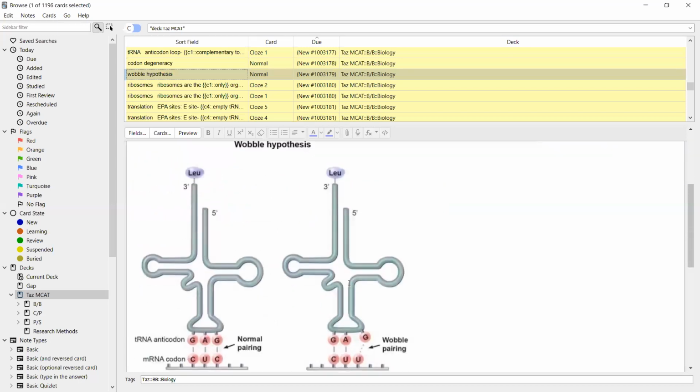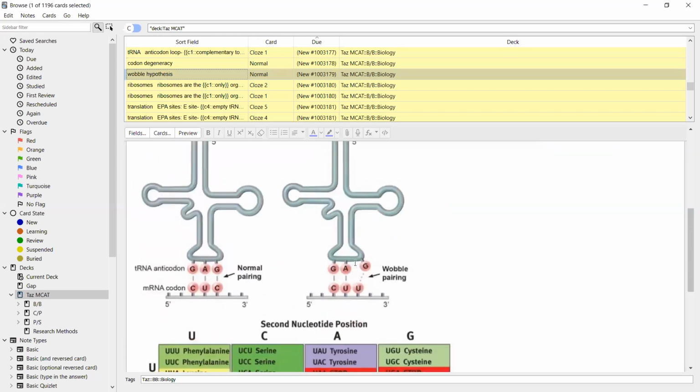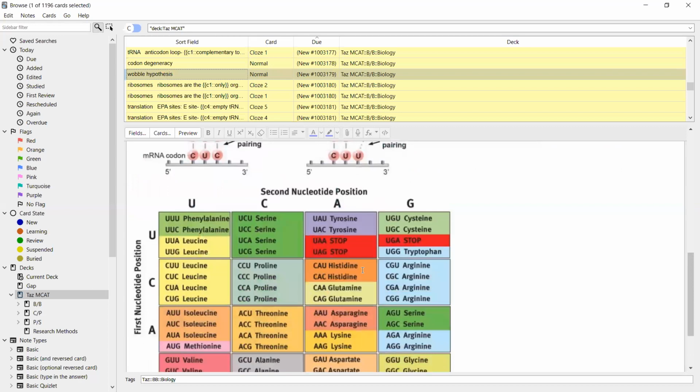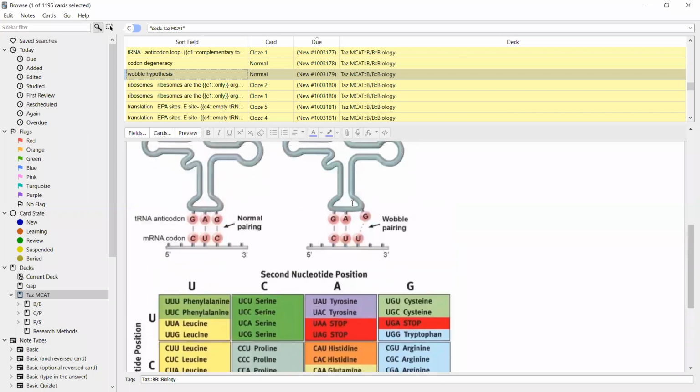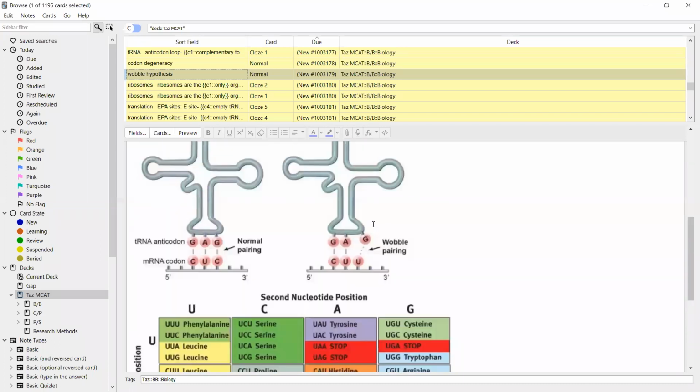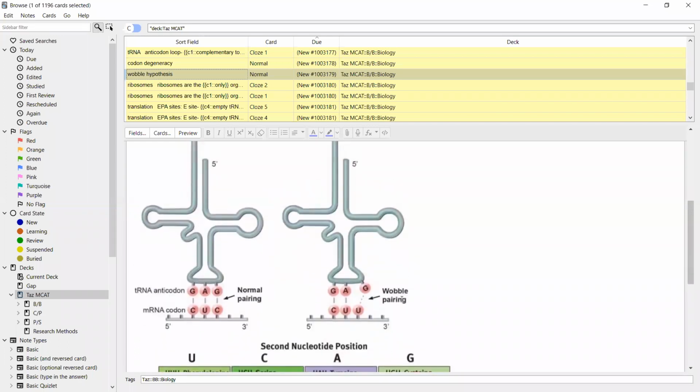But because we have flexibility in the third one, fewer mutations occur, since more combinations lead to the same amino acid. We have wiggle room for mistakes.